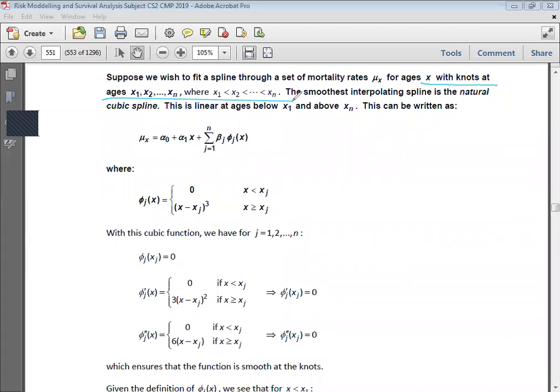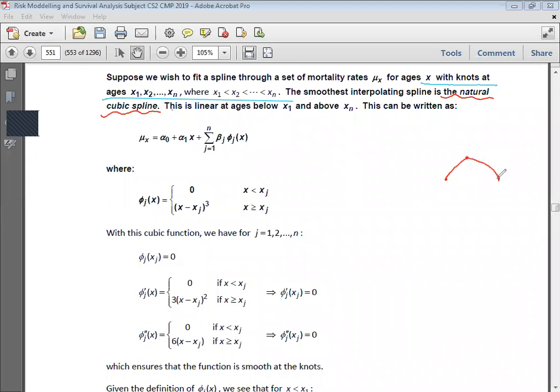Yeah, but again, there's only one more condition that we require. So if I'm talking about cubic spline, all we have said is enough. We need the function to be continuous throughout, and the first derivative and second derivative to be continuous as well. But now if you're talking about natural cubic spline, which is what they have here, it isn't enough for me to just have a continuous function like this.